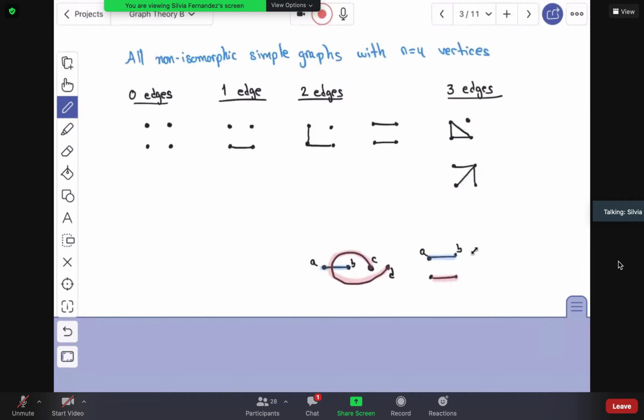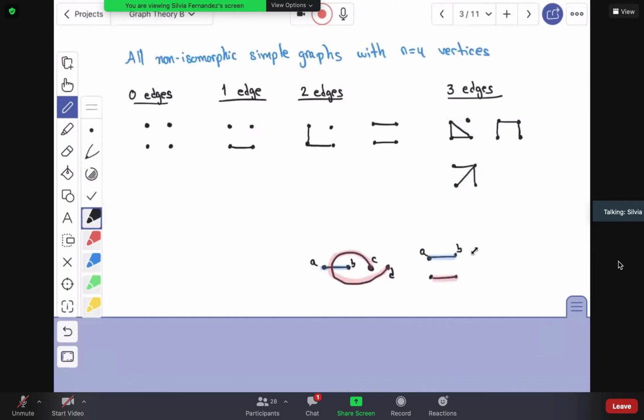But if I don't have a vertex of degree 3, then all the vertices have degree 2. This is one way to have all vertices of degree 2 or 1. And then I can also have the path, that one.